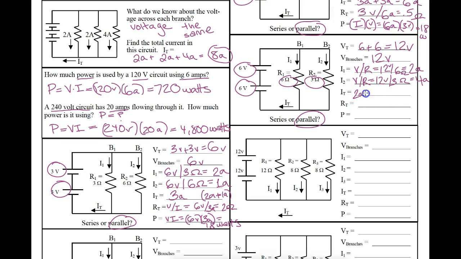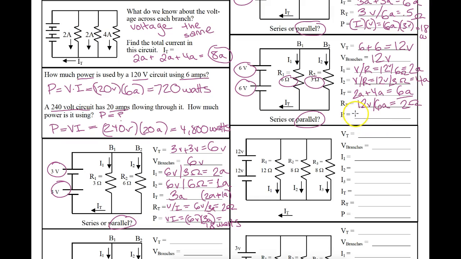So you have 2 amps plus 4 amps equals 6 amps. That's what we're looking for. And then we're looking for your resistance total, which is your total voltage divided by your total current. So we have 12 volts divided by 6 amps equals 2 ohms.